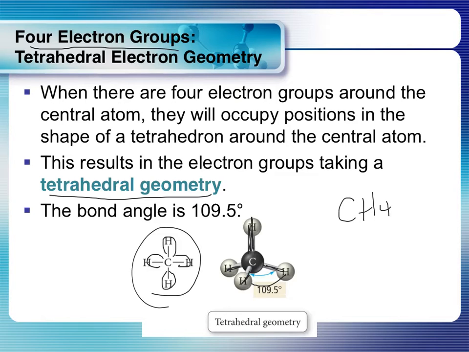Now, that's the electron domain geometry. That's also the molecular geometry if all four of the domains are bonding domains. However, what if we start introducing, instead of an atom, electron pairs? It's going to change the shape. So let's look at those.